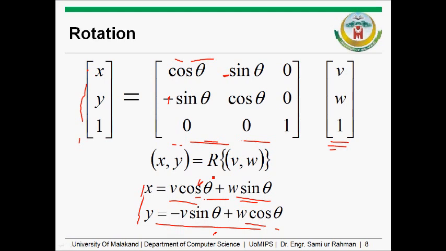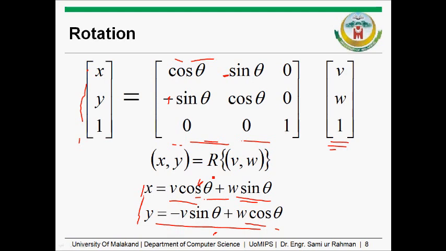V and W, these are the coefficients, and cos theta and sin theta, these are the variables. So from one side, I think it's simple, you multiply these two matrices and you get the equation.